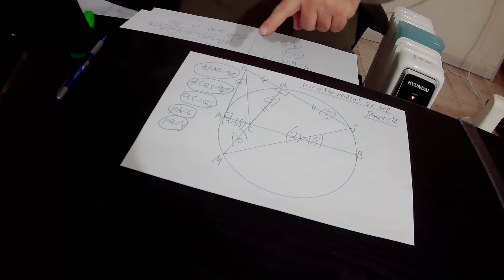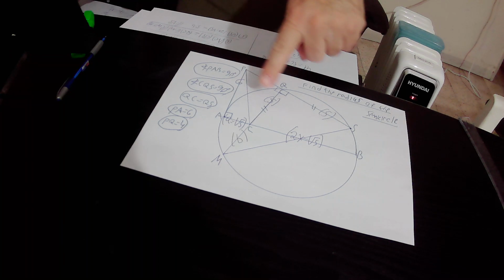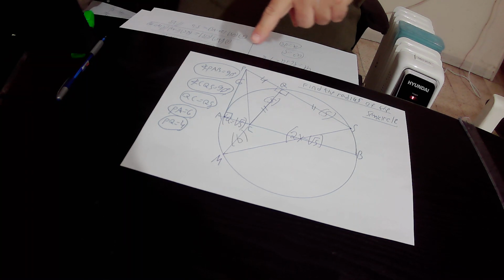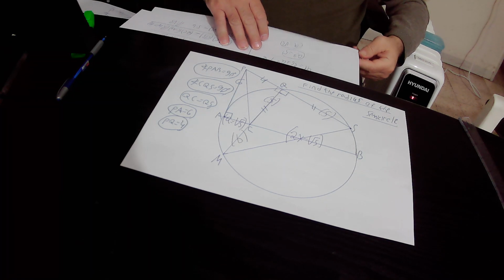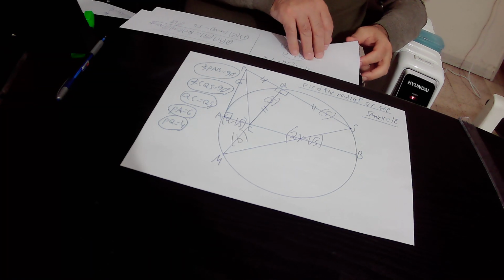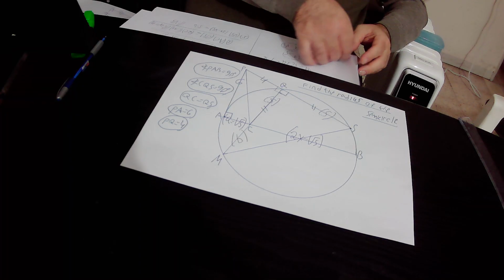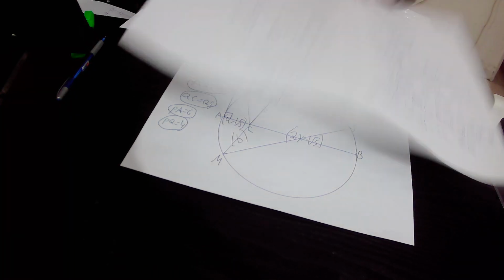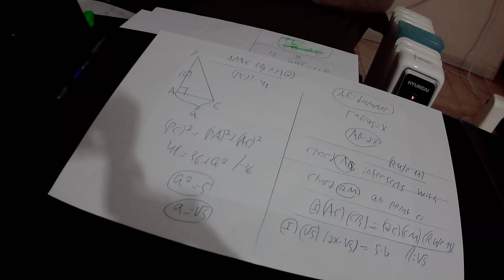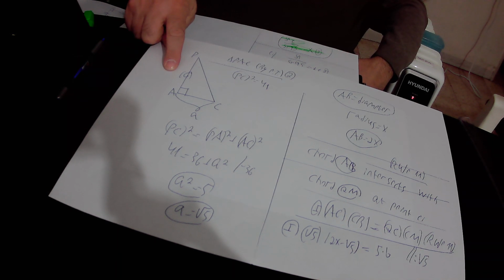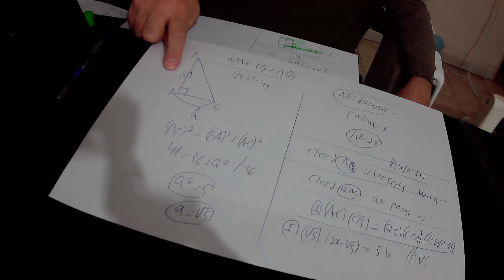Then I copied the right triangle PAC in the new page and we implemented the Pythagoras theorem in this right triangle PAC. This is the right triangle PAC that I copied from the original drawing. PA equals 6 units according to what is given in the question.